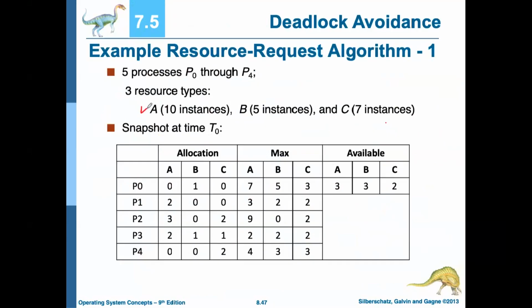Resource A has 10 instances, B has 5 instances, and C has 7 instances, at T0. Here is the allocation for each of the resources for P0 until P4, the maximum, and the available.